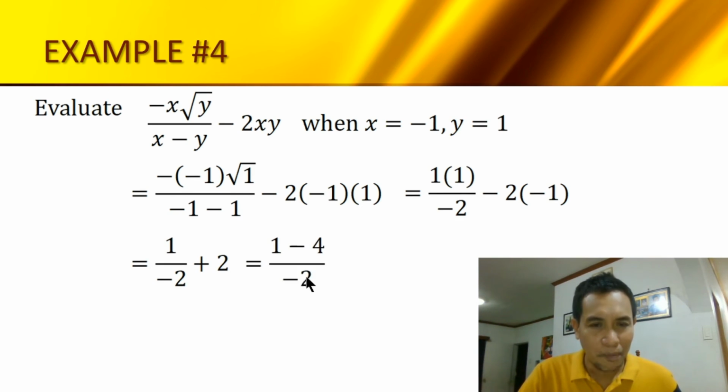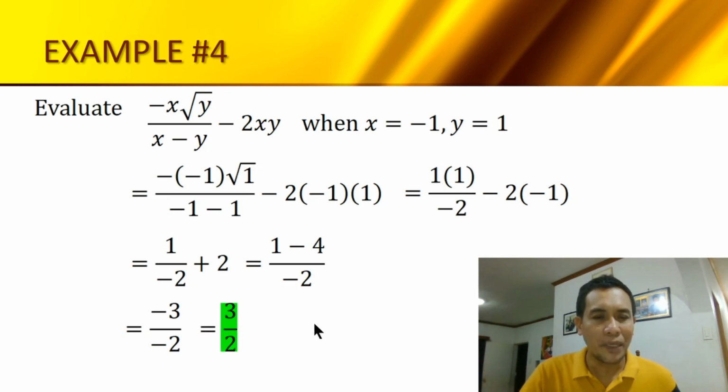So to simplify, we can cross multiply: 1 minus 2, negative 2 times 2, that's negative 4, all over 2. Alright, 1 minus 4 all over negative 2, which is equal to negative 3 divided by negative 2, that's positive 3 halves.